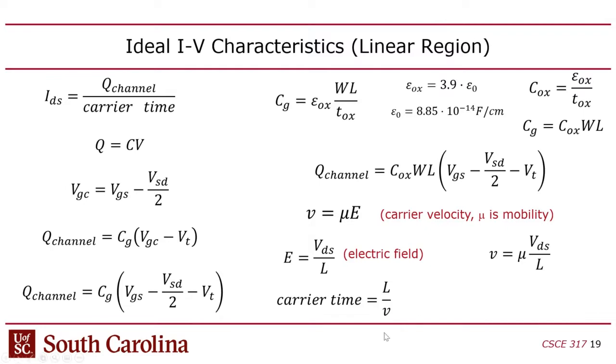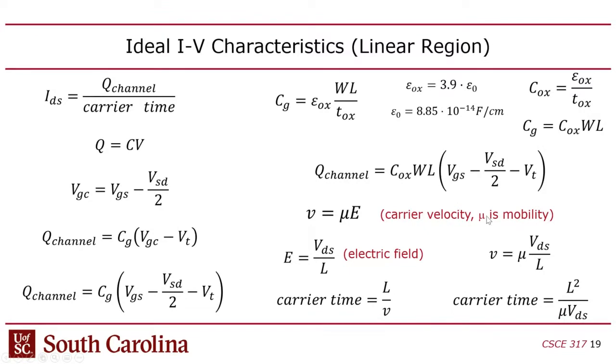That's just distance equals time times velocity, rewritten where you're solving for the time. And so if you take the velocity and put that in, it ends up becoming L squared divided by mu VDS.